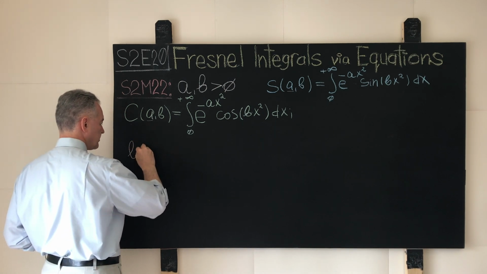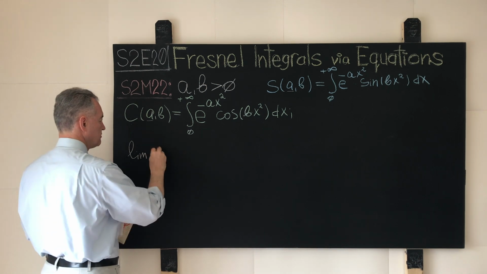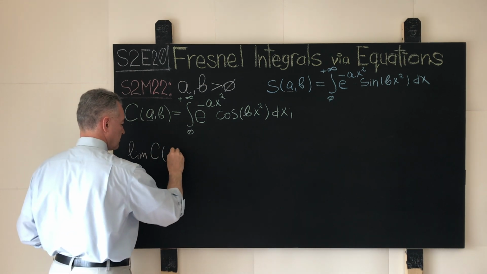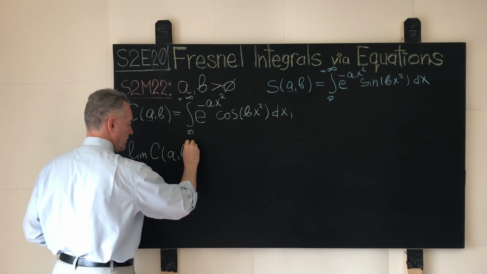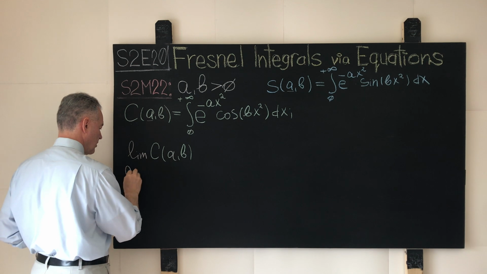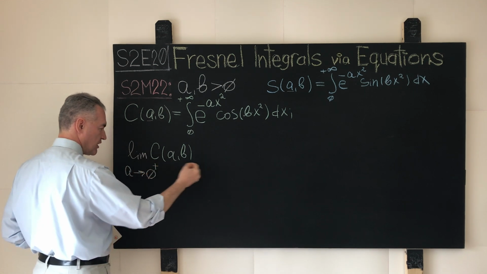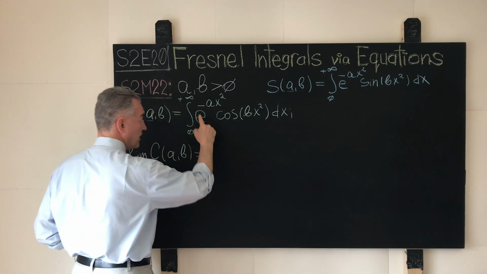Once that proof is on the books, then we execute the following maneuver. We take the limit of the function c of a and b when a tends to 0 from the right, and then what do we have?